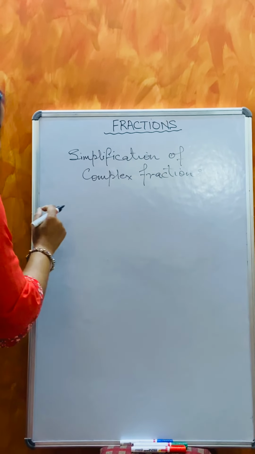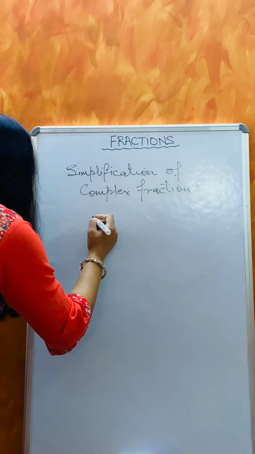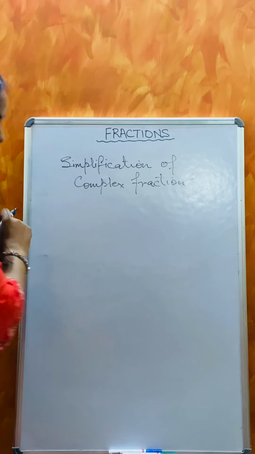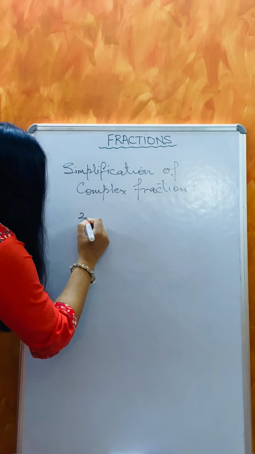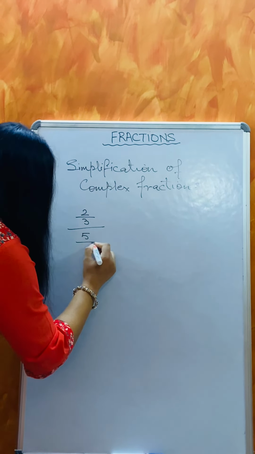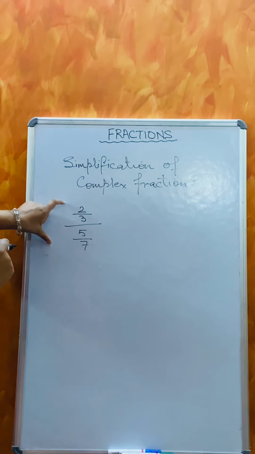Now we know about complex fractions, but how do we simplify them? First convert these fractions into simple fractions and then simplify them. For example, we have a complex fraction 2 by 3 divided by 5 by 7. Now how do we simplify this?